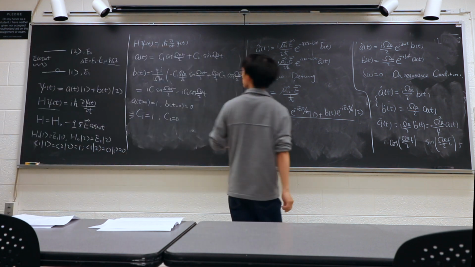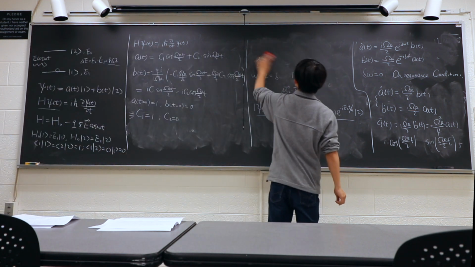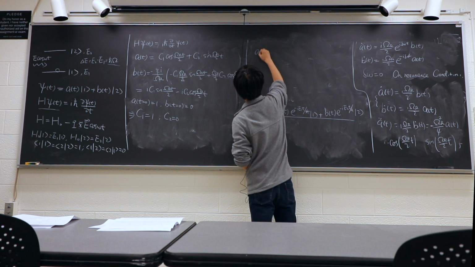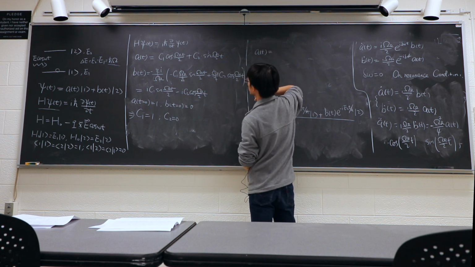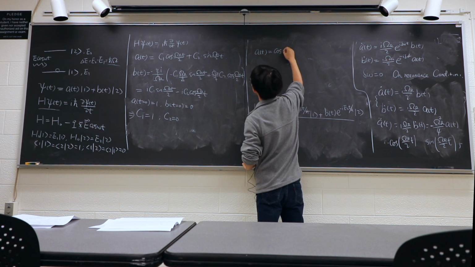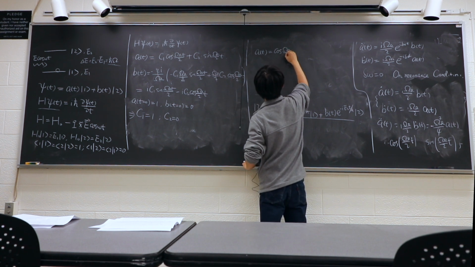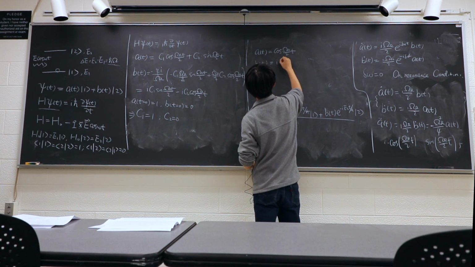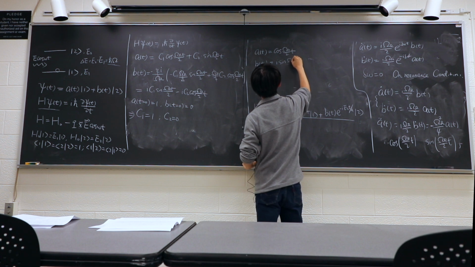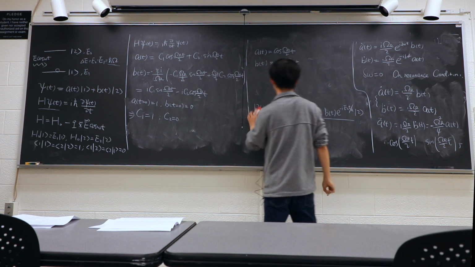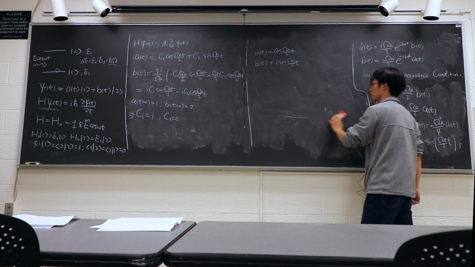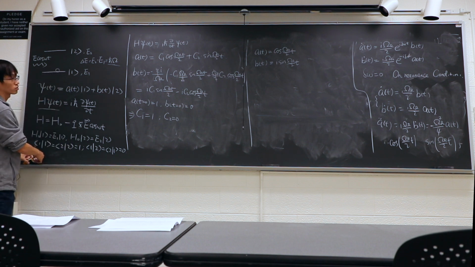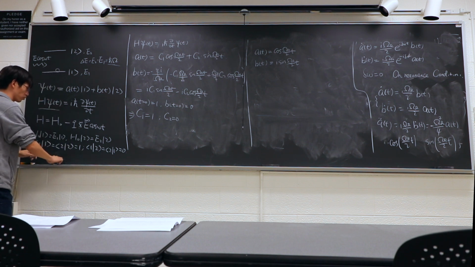So now you get your solution as A(t) equals cosine of omega R t over 2, B(t) equals i sine of omega R t over 2. And I want to finish this, so probably will be late for 2 more minutes.